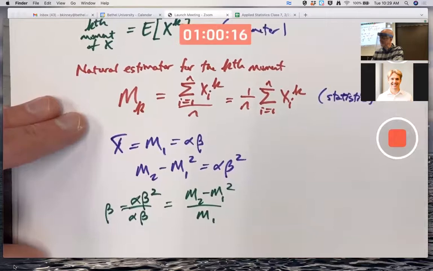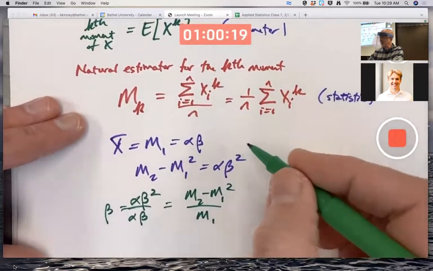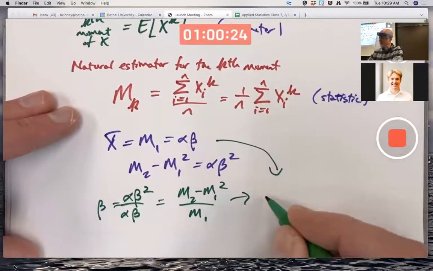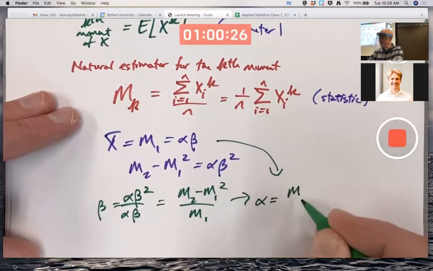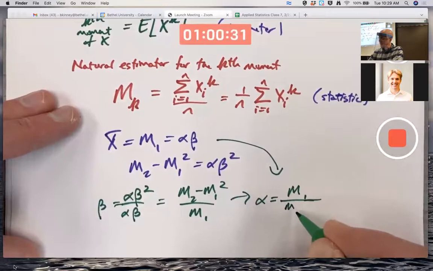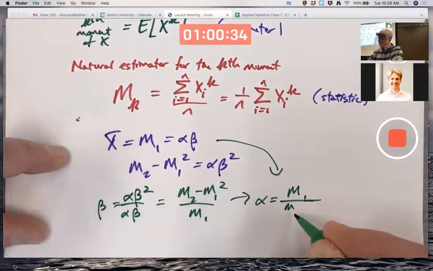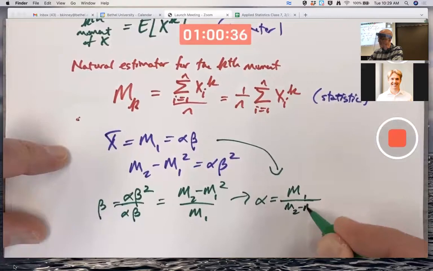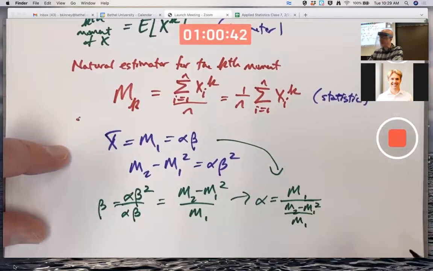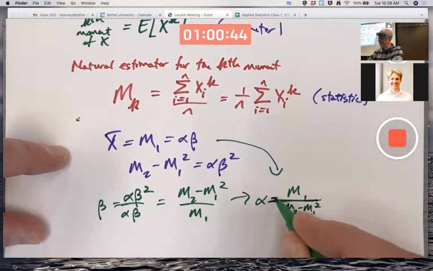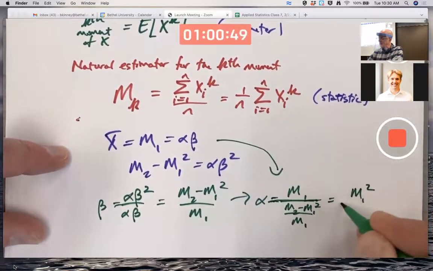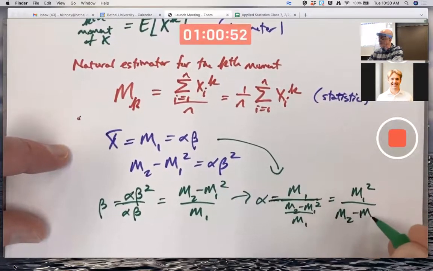That's what beta is. And now solve for alpha. For example, use the first equation. Alpha is going to be M1 divided by beta, but I replace beta with M2 minus M1 squared divided by M1. I'm dividing by a fraction. I can multiply by its reciprocal. This is the same as, I've not made a mistake, M1 squared divided by M2 minus M1 squared.